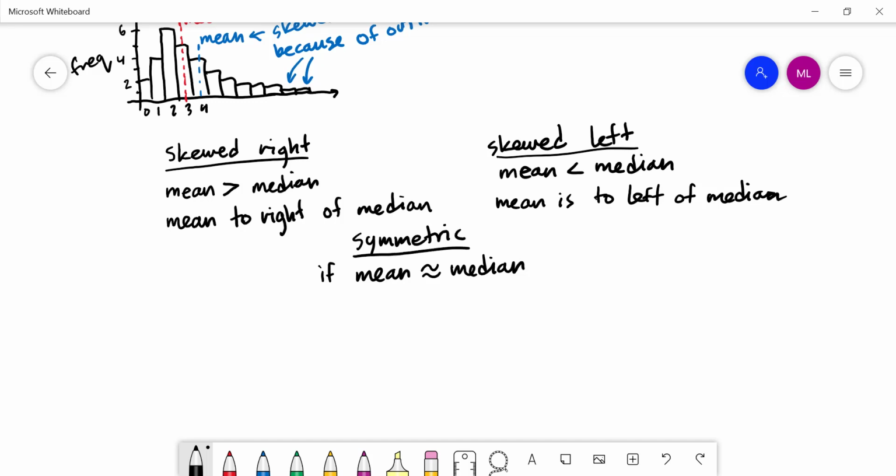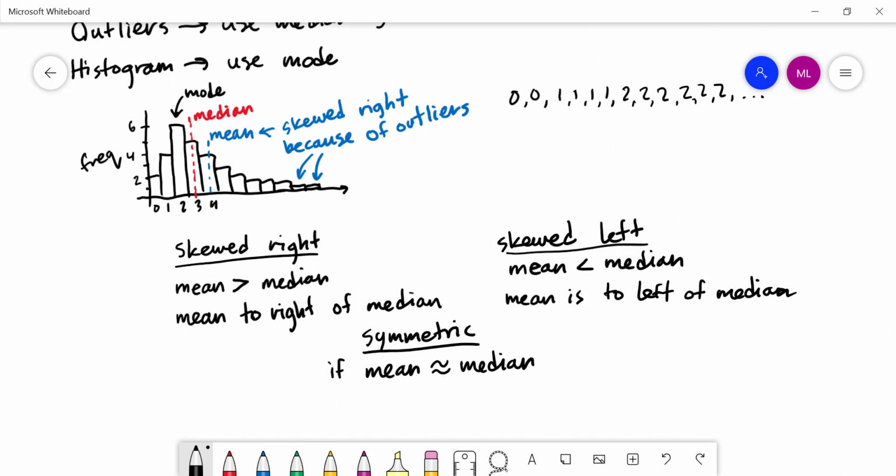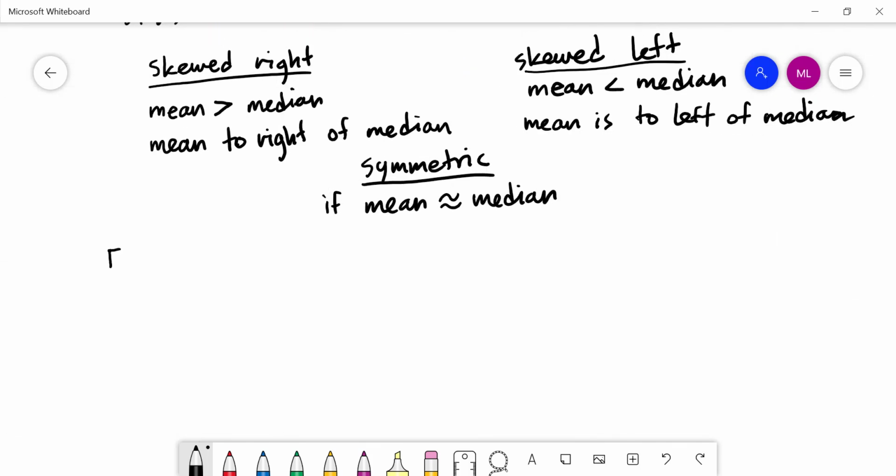So without actually showing you a picture, if I just tell you where the mean and the median are, you should be able to determine whether a data set is skewed to the right, skewed to the left, or roughly symmetric. So for example, if we saw that the mean was some number, say 42, and the median of some hypothetical list of numbers was 35, would this data set be symmetric or skewed left or skewed right?